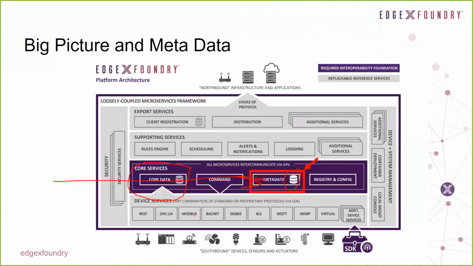That means a device service somehow discovers a new device or knows about a new device and pushes that information up into metadata to let EdgeX know about it. A top-down approach may be that some application, maybe some sort of system management system, or maybe a person using some sort of user interface at the application layer, somehow knows that there's a new device and then makes API calls into metadata, and that provisions a new device.